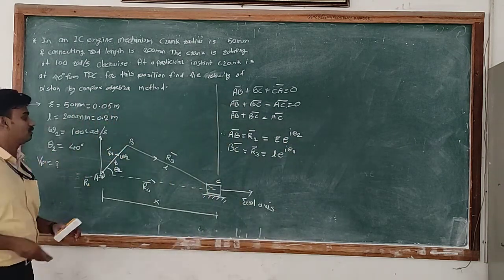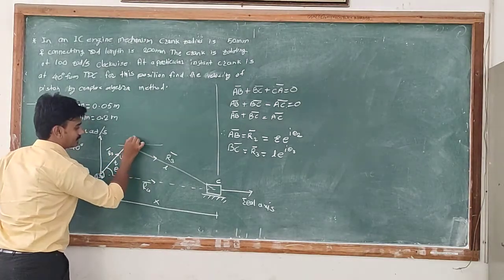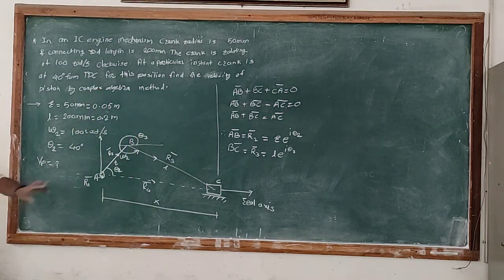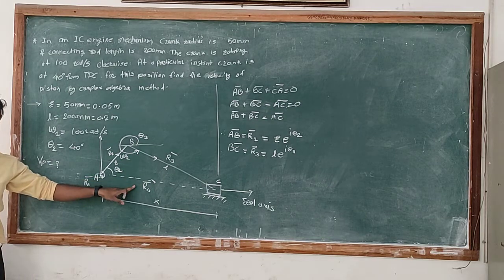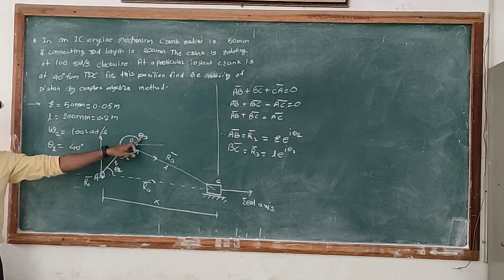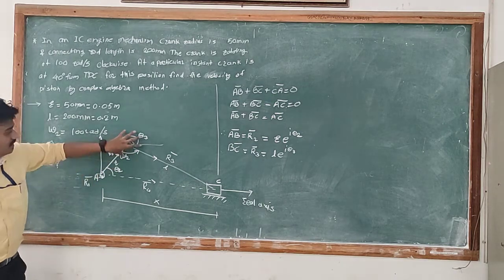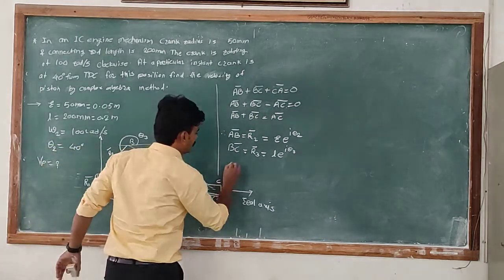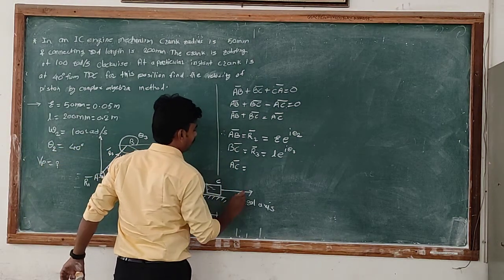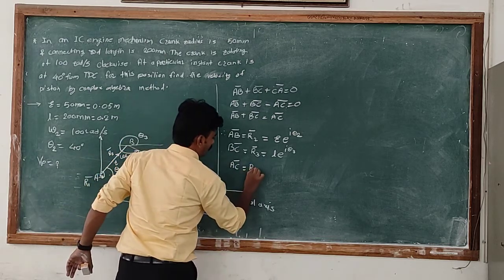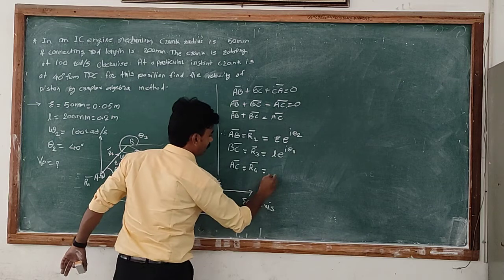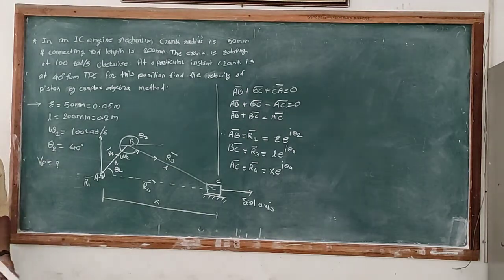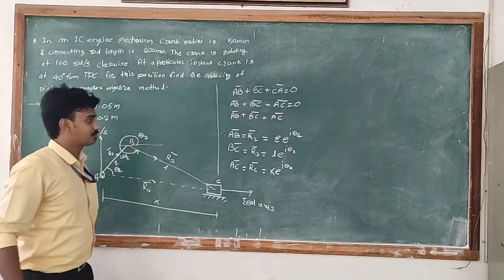Theta 3 is this angle, measured with respect to the real axis in this direction, as shown in the diagram. Similarly, AC bar is equal to R4 bar, which is x e raised to j theta.